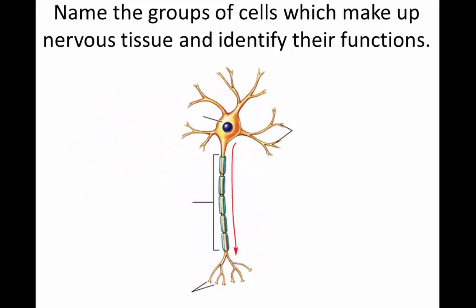If we turn the neuron here, we can actually start to label the different portions of the neuron. And so in the middle here, we have the cell body. And just like any cell, we have a nucleus in the middle, the purple nucleus in this case, and then also the organelles that we found earlier in our unit on general cell structure.